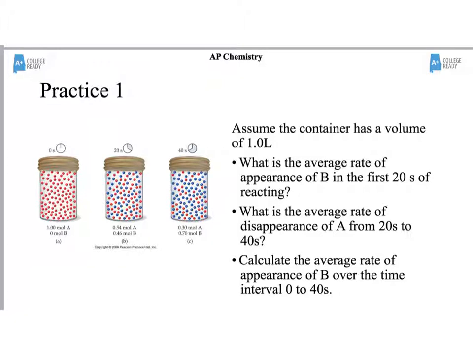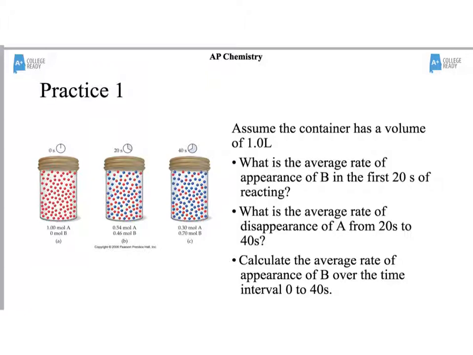All right, so let's look at a reaction. We have this reaction in a container, and let's just assume that the volume of this container is 1 liter. The container starts with 1 mole of A and no moles of B. Then we can look in the container after 20 seconds.